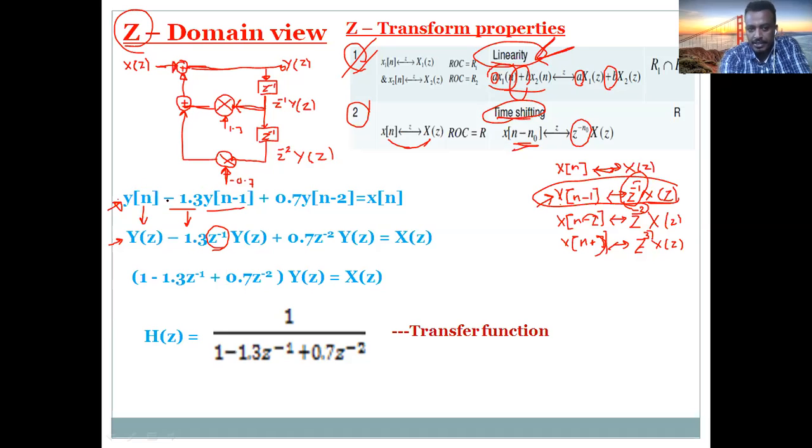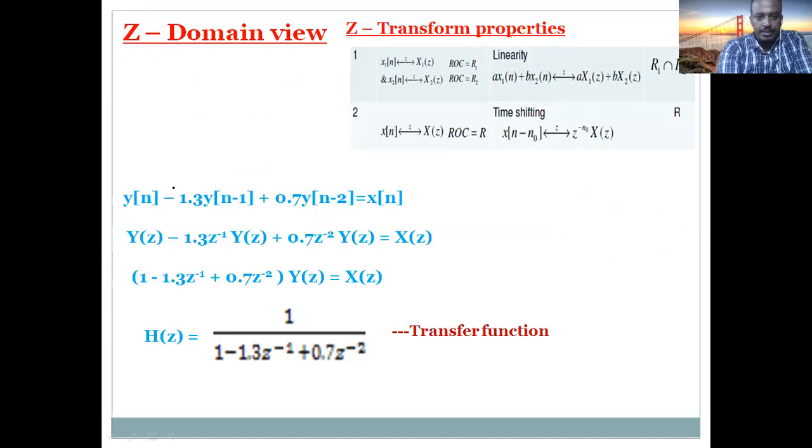I'm transforming this discrete time difference equation into Z domain. How are we going to transform this? 0.7 as it is because of the linearity property. Summation as it is because of the linearity property again. Because of the shift property, what is the Z transform of y of n minus 2? Shift by how much? By 2. Then Y of z multiplied by z to the power of minus 2 is equal to x of n transformed to X of z. This is how we transform a difference equation into Z domain.